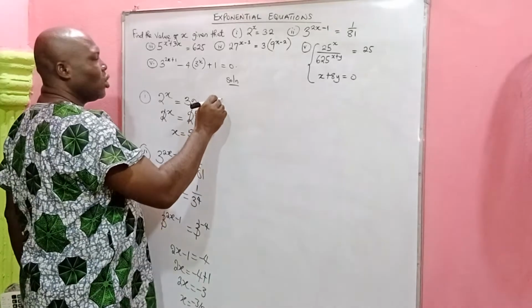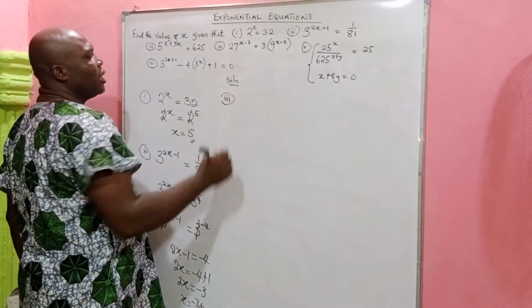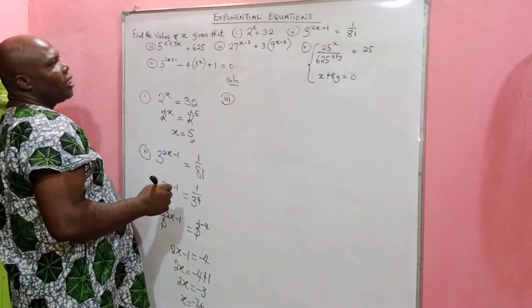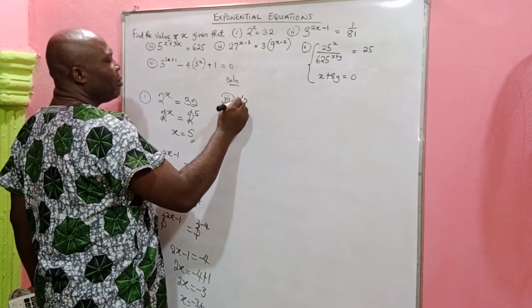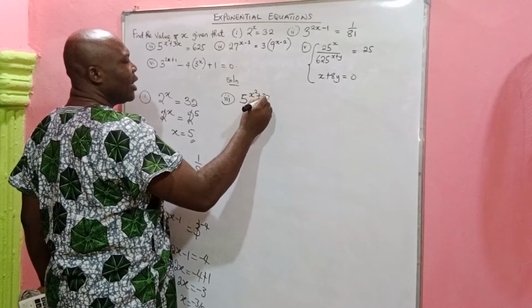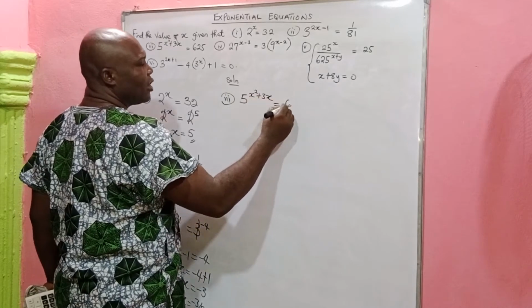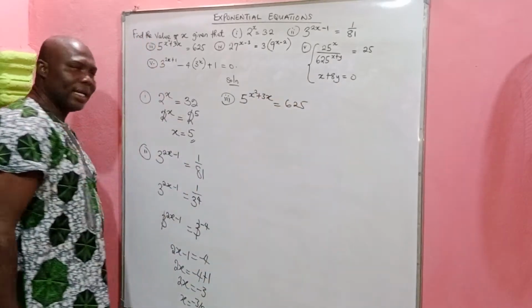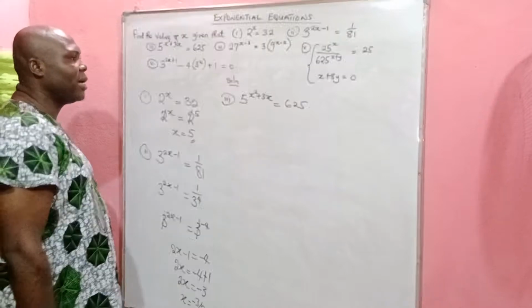We are taking the third one. Still exponential equations. In the third one, we have 5 raised to the power of x squared plus 3x is equal to 625. This is an exponential equation. They still want us to find the value of x.